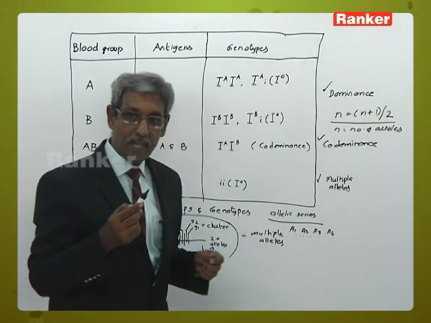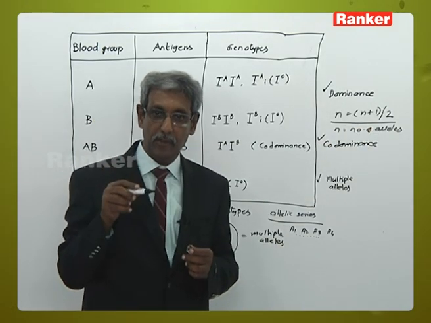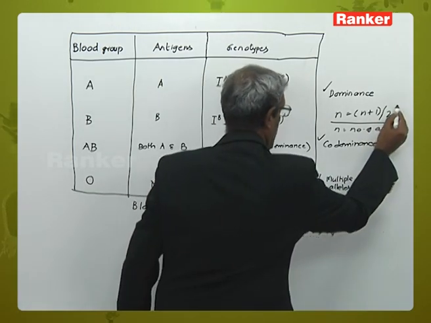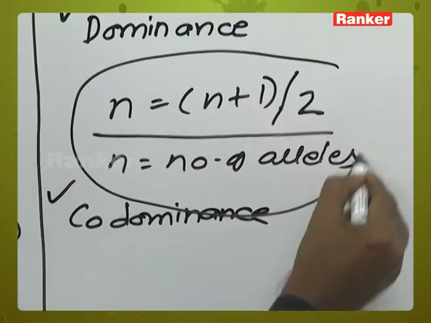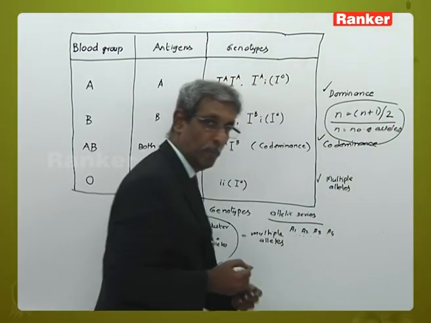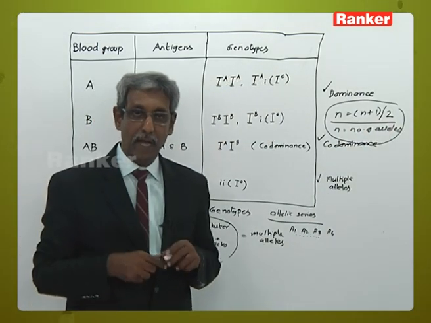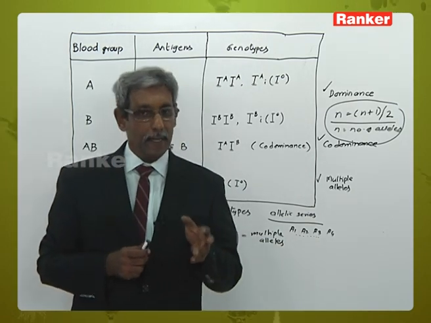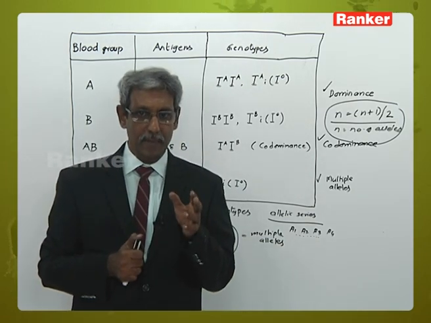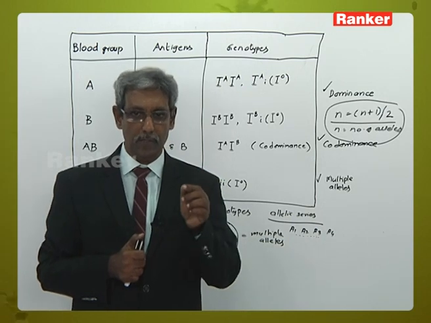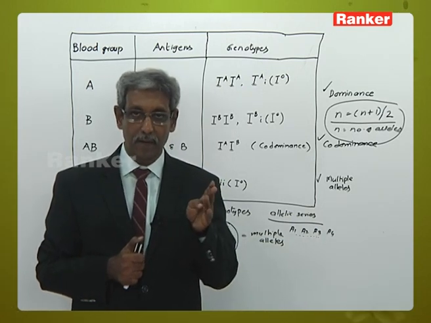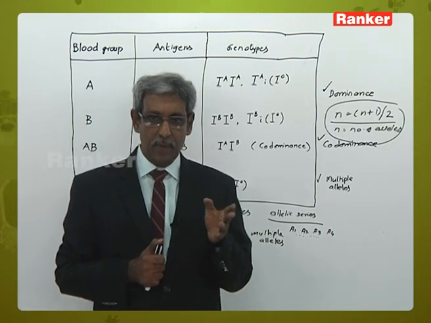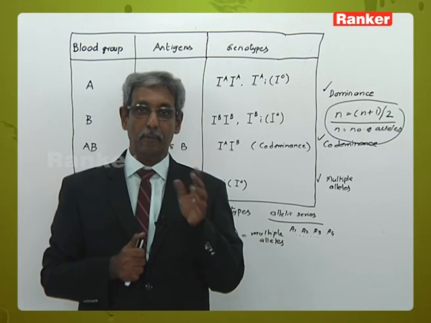So the number of genotypes possible in an allelic series is always given by the formula n into (n plus 1) divided by 2. This indicates the possible allelic series. Many times in a problem, they will say the number of alleles at a particular locus could be 4 or 5 or 6 or 8, and immediately they will ask exactly how many types of genotypes are possible.